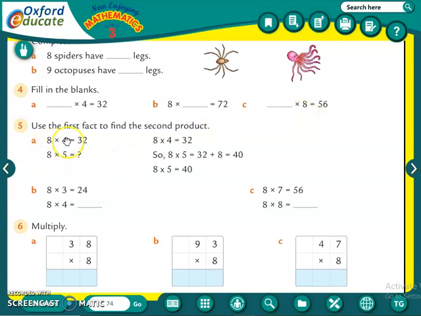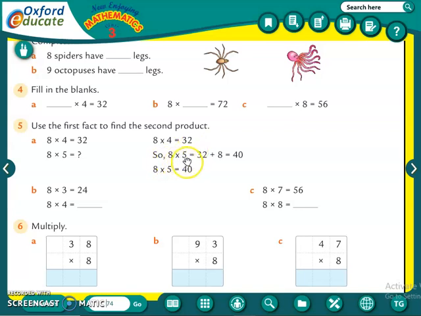Now fifth one, use the first fact to find the second product. 8 multiplied by 4 is equals to 32. 8 multiplied by 5 is equal to what? 8 5 का क्या होता है वो यहाँ पे लिखना है. Okay. Here it is given 8 multiplied by 4 is equals to 32.